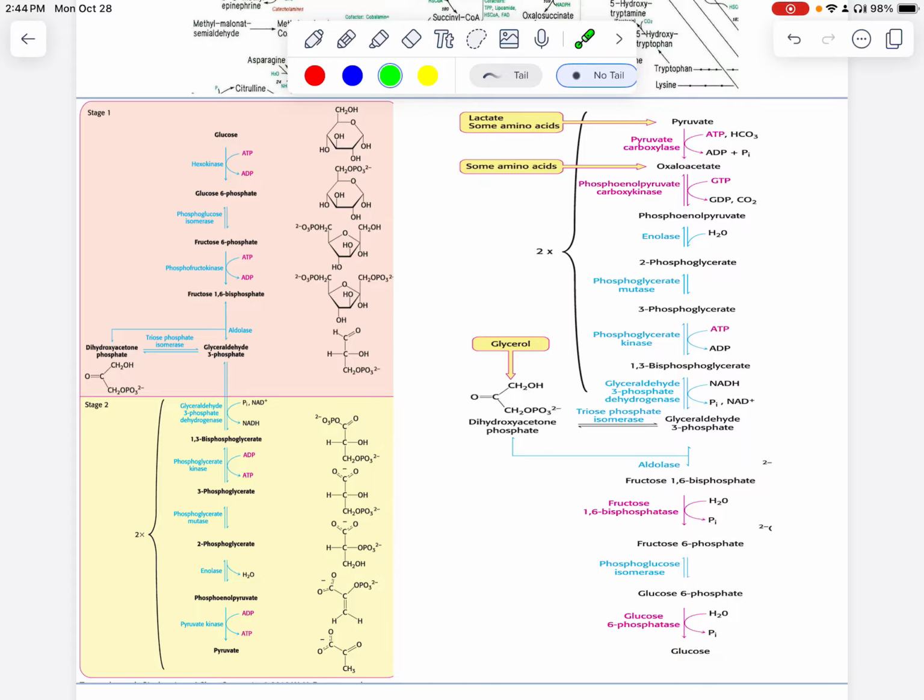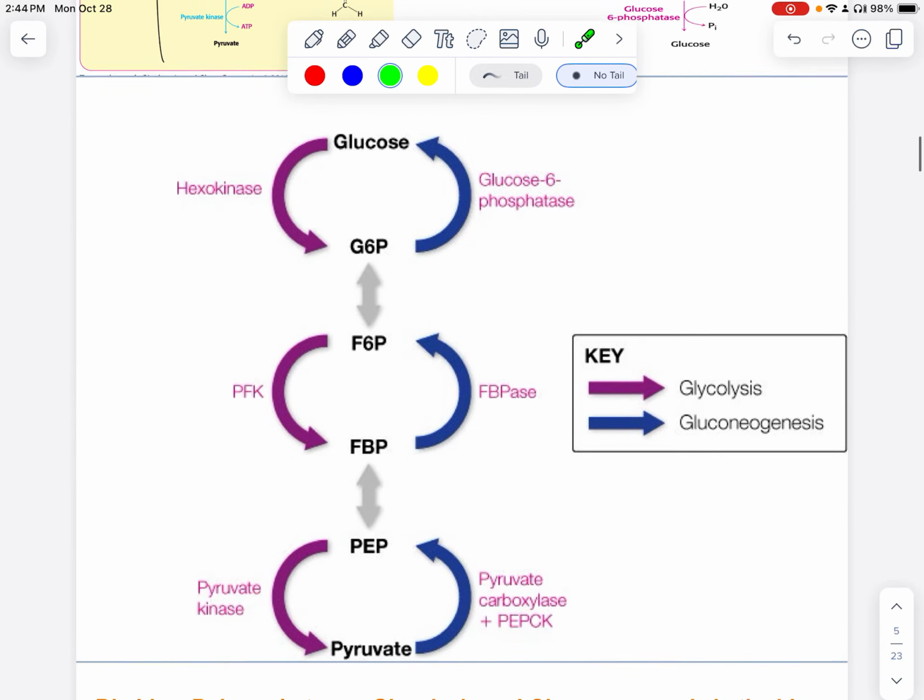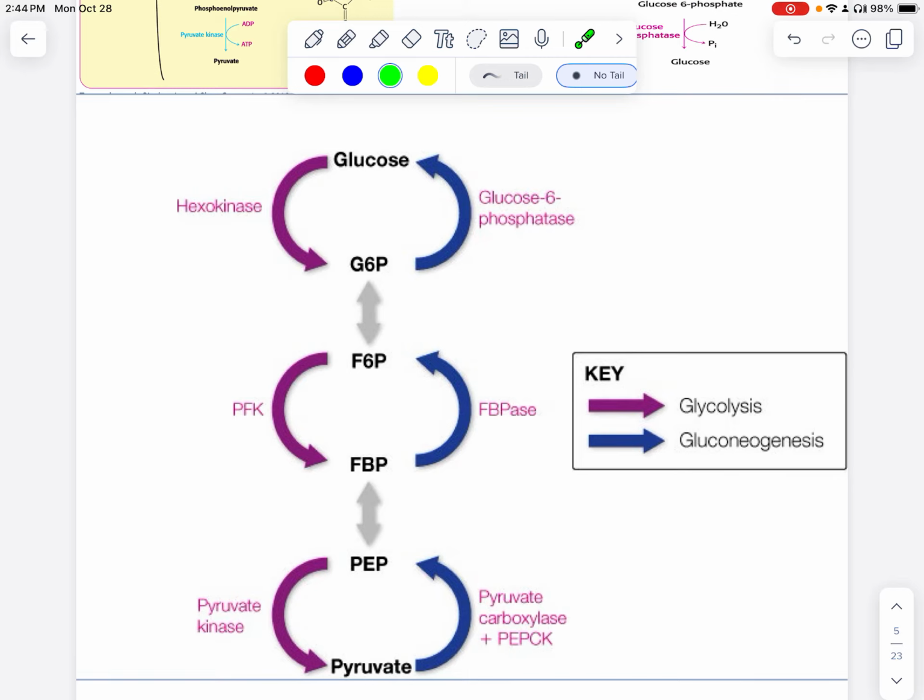But over here in glycolysis, we had hexokinase going the opposite direction. So the regulatory enzymes work in only one direction. In this video, we're really going to focus in on just the substrates, products, and enzymes of these regulatory steps. So we're going to look at these three regulatory steps.